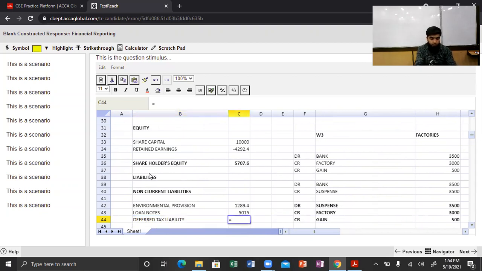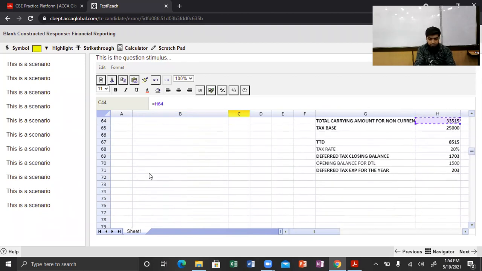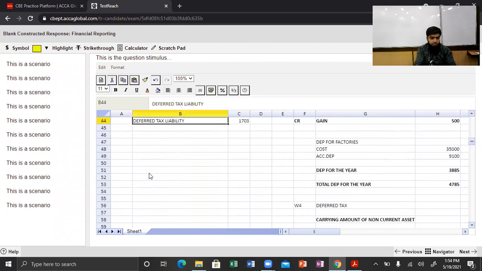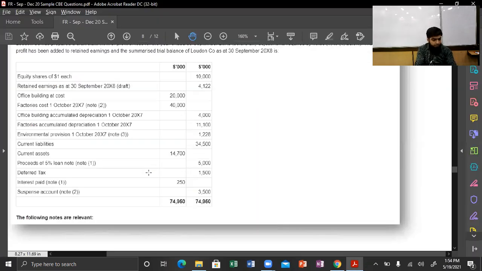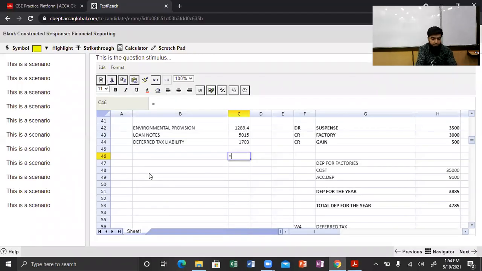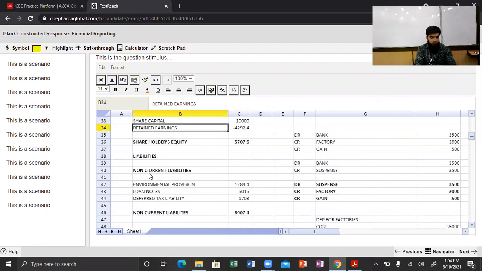The deferred tax liability closing balance is 1703, and that should be reported in the balance sheet. Is there any liability interest paid? That is expense. No further liabilities are there. So non-current liabilities are 8007.4. So that is the long-term liabilities.